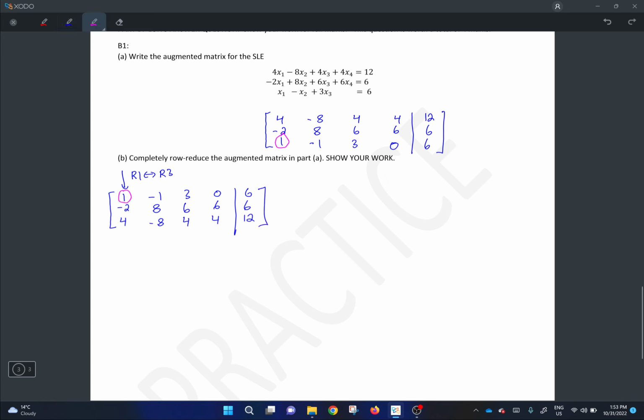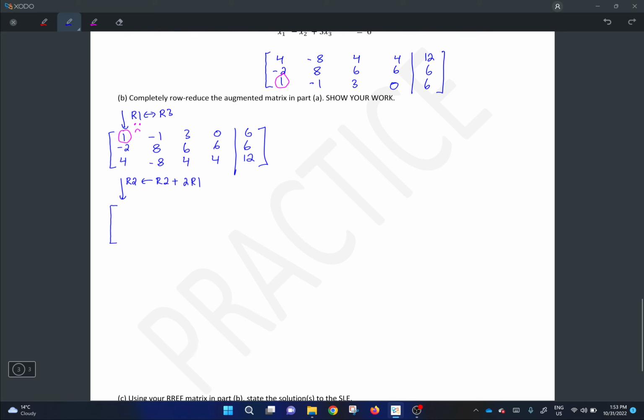Okay, and this is an unhappy leading 1 because below it does not see zeros. Above and below should all be zeros. So my next move is I'm going to take row 2 and replace it by row 2 plus 2 times row 1. Row 1 will stay the same inside this step. So 1, negative 1, 3, 0, 6.